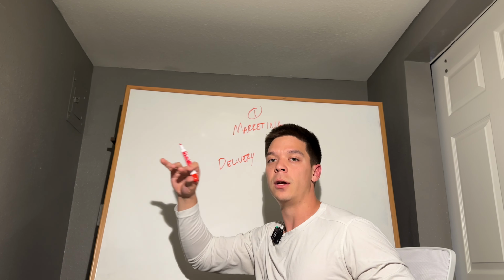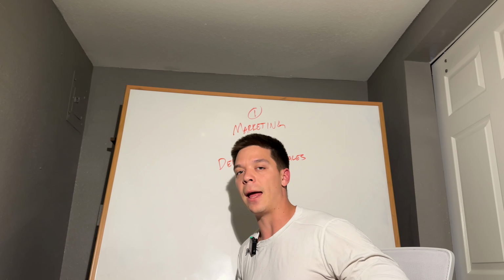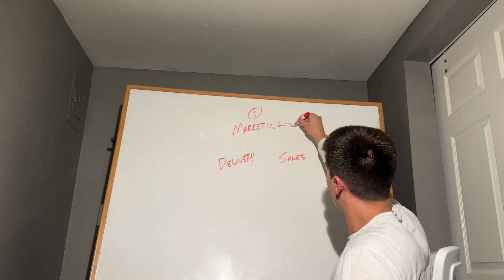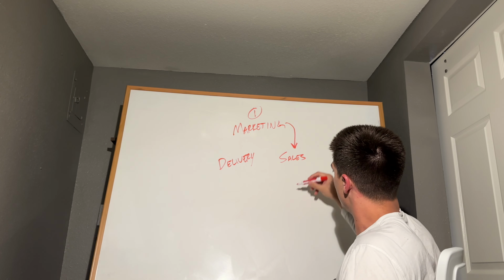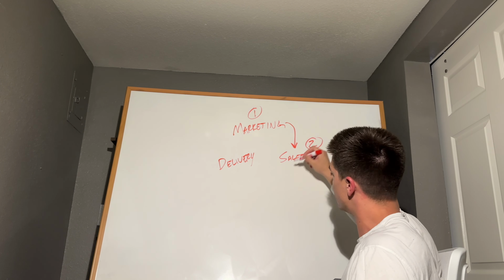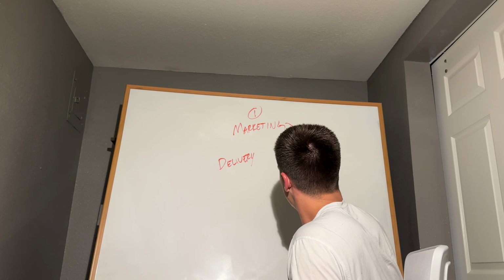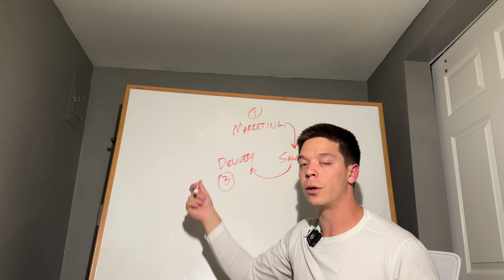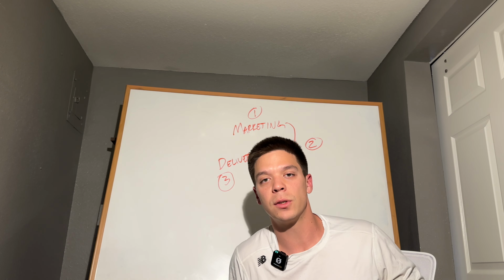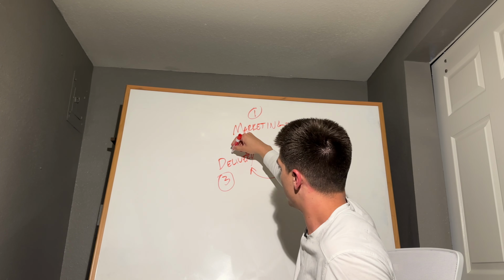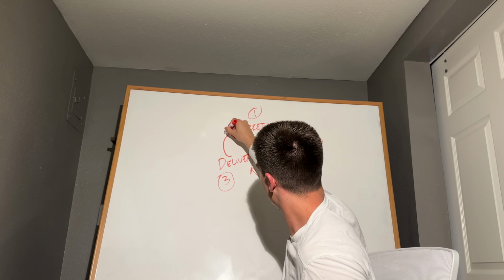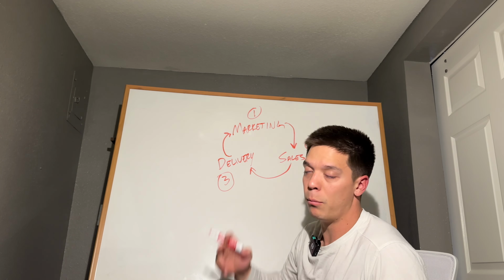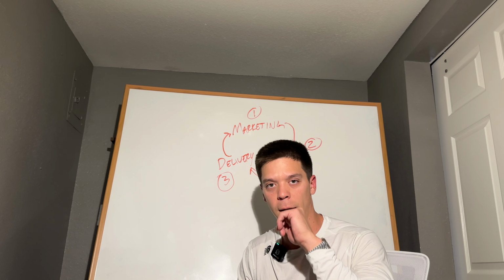I don't talk about you selling a program, a spreadsheet, anything like that. You're selling a transformation, okay? So, marketing: once we figure out how to get people interested, number two, we start to make sales. Once we start to make sales, number three, we actually create a good program, right? And once our delivery is dialed in, then guess what? We start to get more leads, okay?